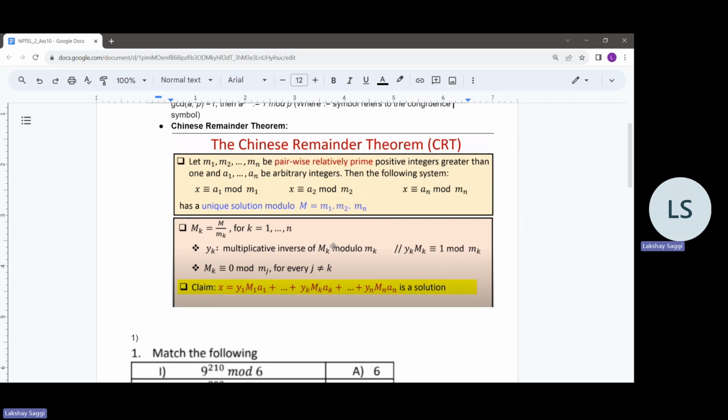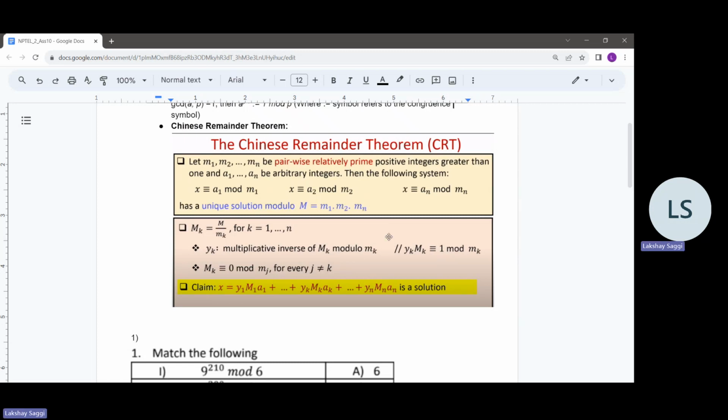A multiplicative inverse is nothing but, suppose we want to find the multiplicative inverse of capital Mk, then we just want to find a yk such that yk times capital Mk is congruent to 1 mod small mk. So basically, taking the product should have a value equal to 1 under the modulo symbol.